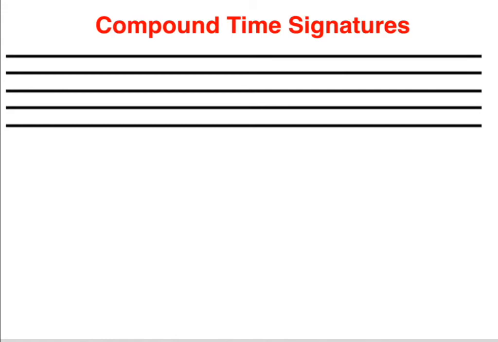As we have already seen with the time signatures that we've looked at, 6/8, 9/8 and 12/8, the beats that we were dealing with in those three time signatures were dotted crotchet beats. And each one of those dotted crotchet beats you could split into three equal parts, in other words into three quavers.